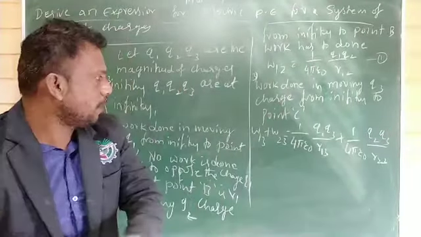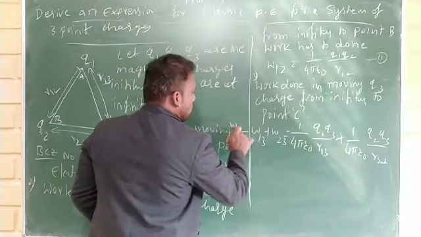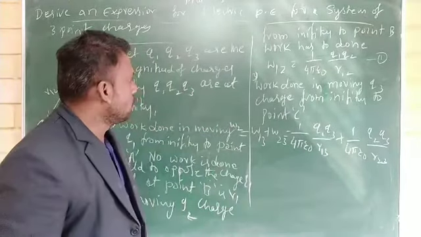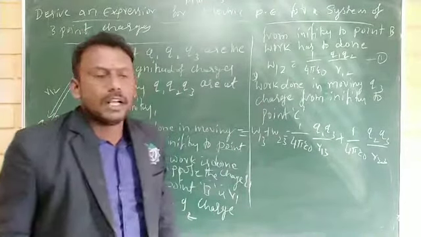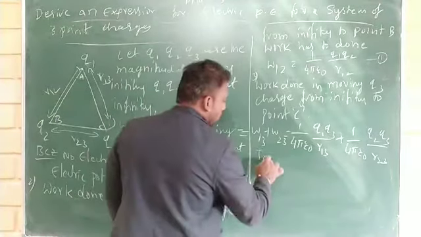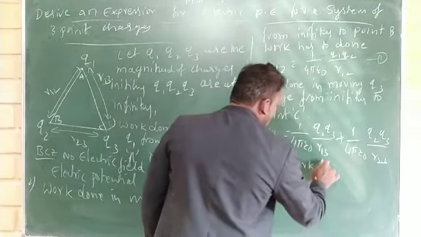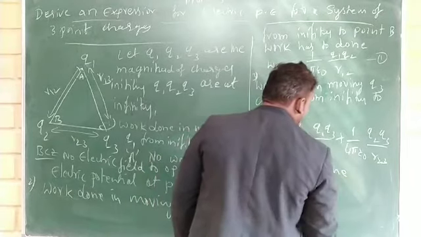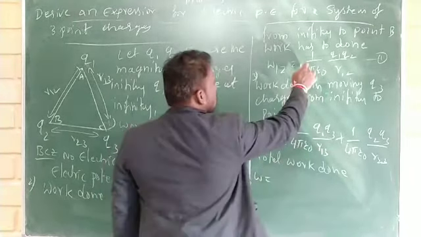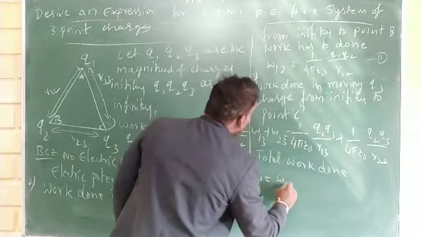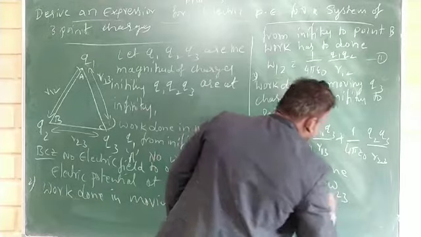Therefore, the total work done is W equal to W12 plus W13 plus W23.